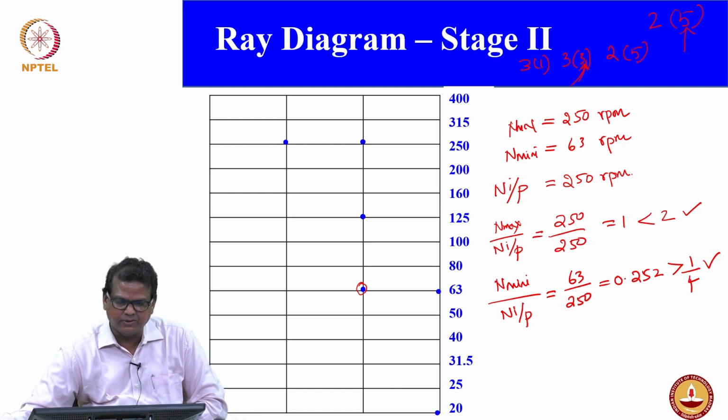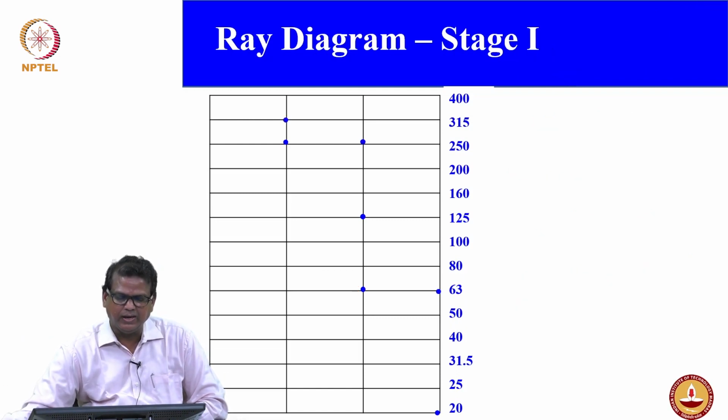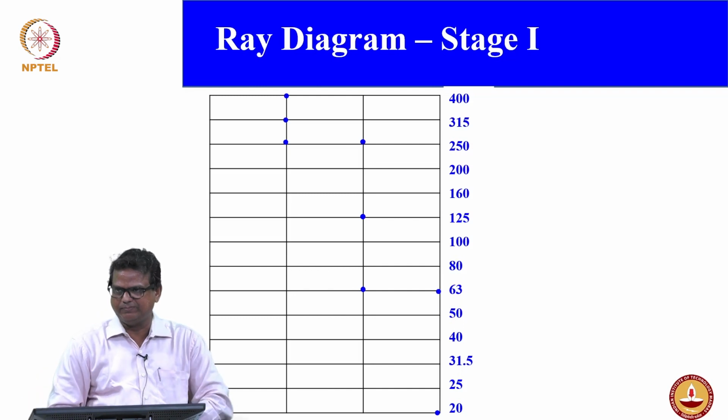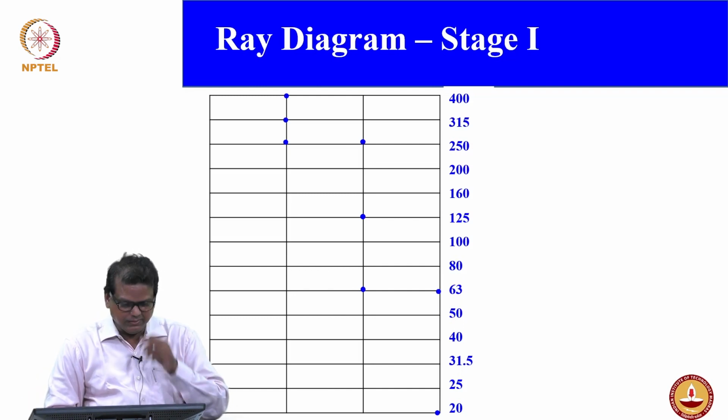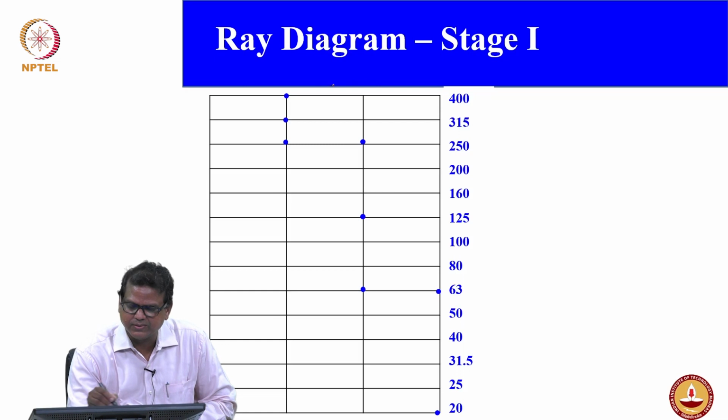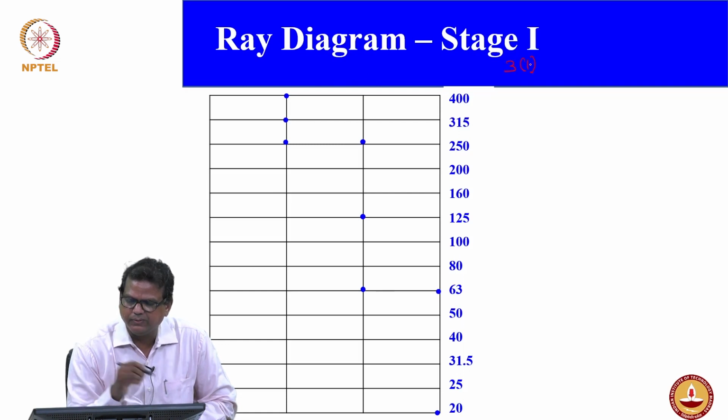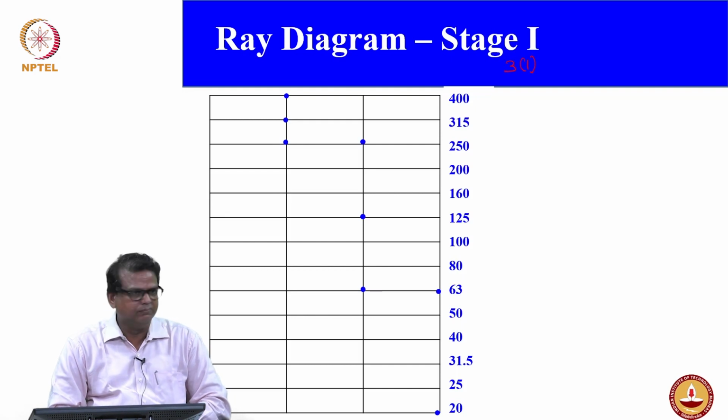And the possible way is you can have 315 and 400. That's what you need. Okay, that is it. Now stage 1: the stage 1 formula is 1 input and 3 output.